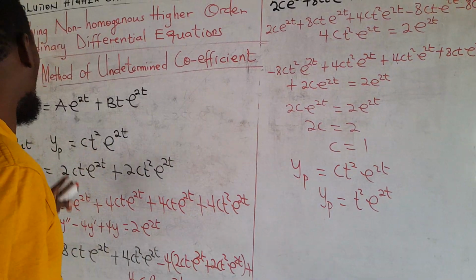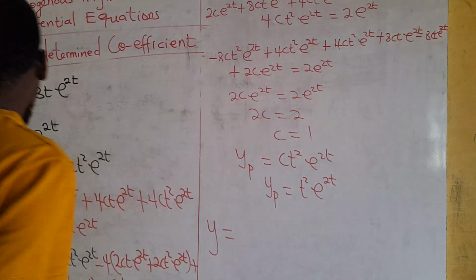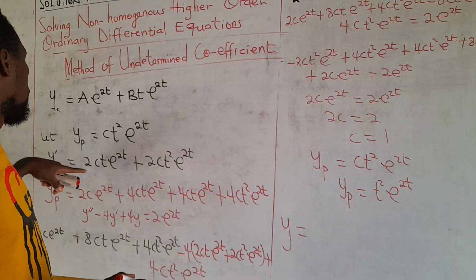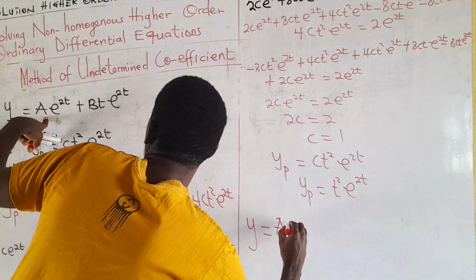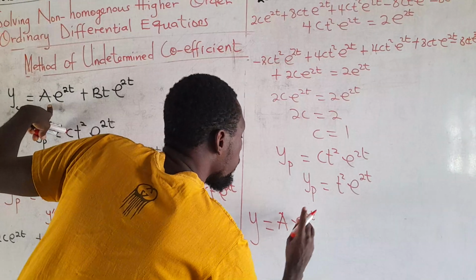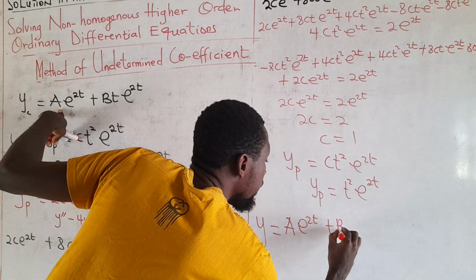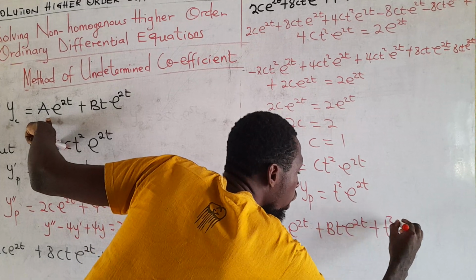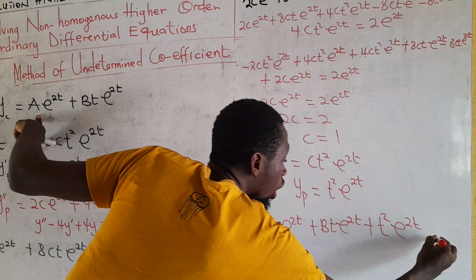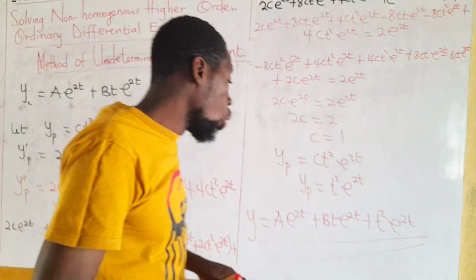Then our solution to the non-homogeneous higher order ordinary differential equation, y, will be equal to the homogeneous side, which is a e exponent 2t plus bt e exponent 2t, then plus t squared e exponent 2t. I hope you get that. This is very, very simple, though lengthy.